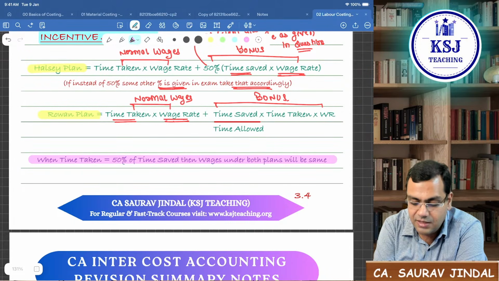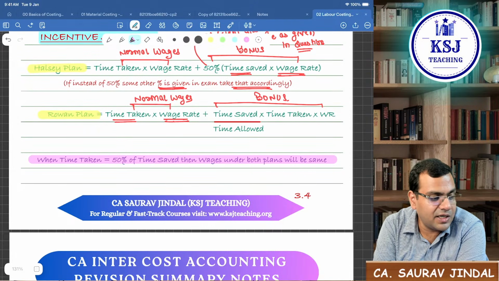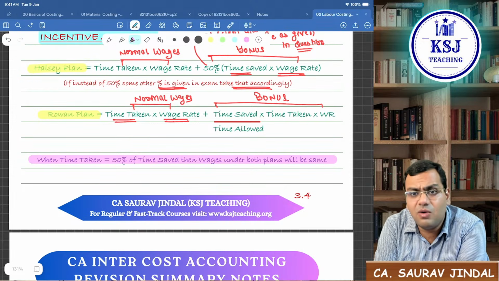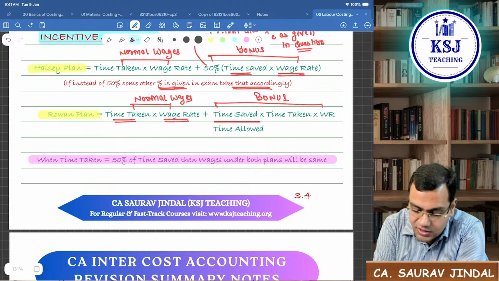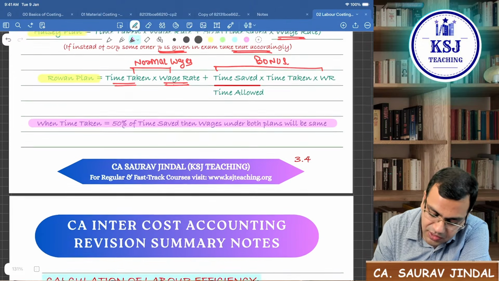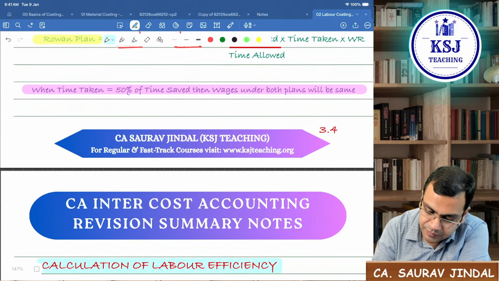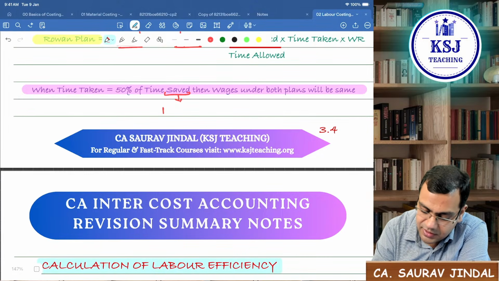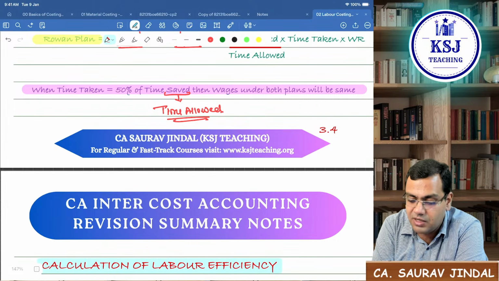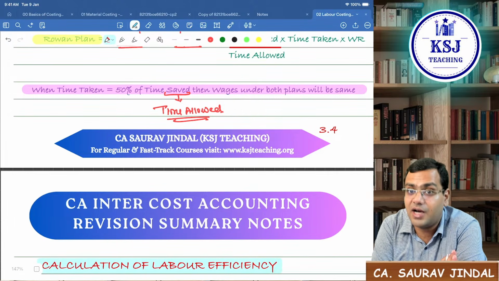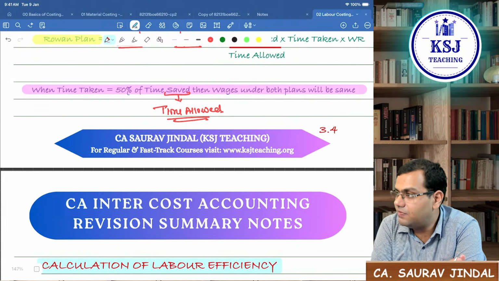If the time taken is equal to 50% of the time allowed, 50% is time taken, 50% is time saved, then wages under the Halsey plan and the Rowan plan will be same.